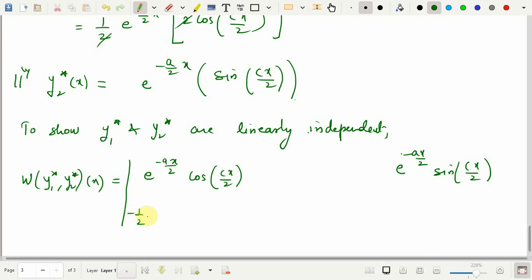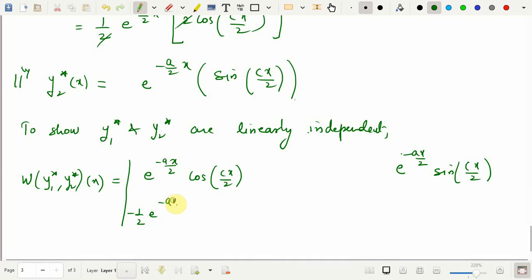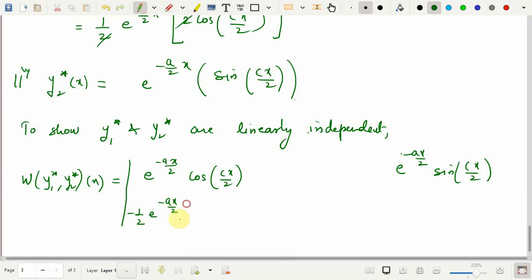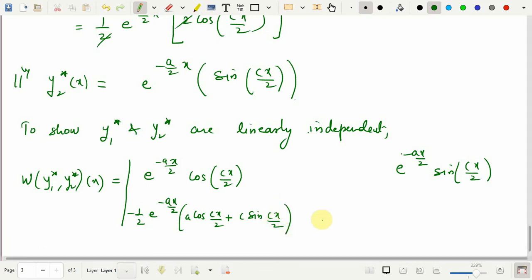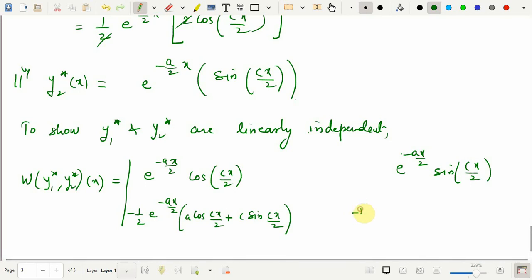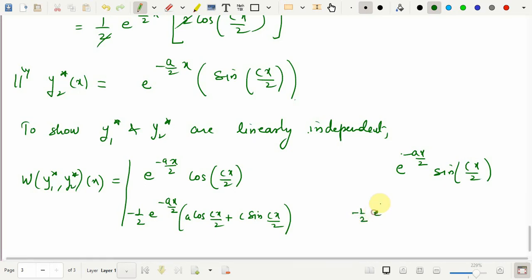minus half into e raised to minus ax by 2 into a cos cx by 2 plus c sine cx by 2, and here this derivative will be the same as minus half e raised to minus ax by 2 a sine cx by 2 minus c cos of cx by 2.